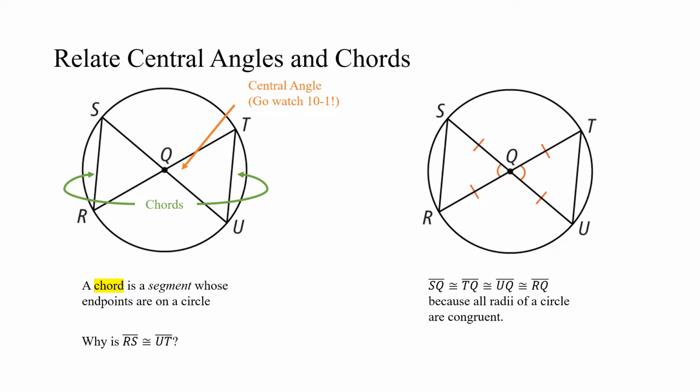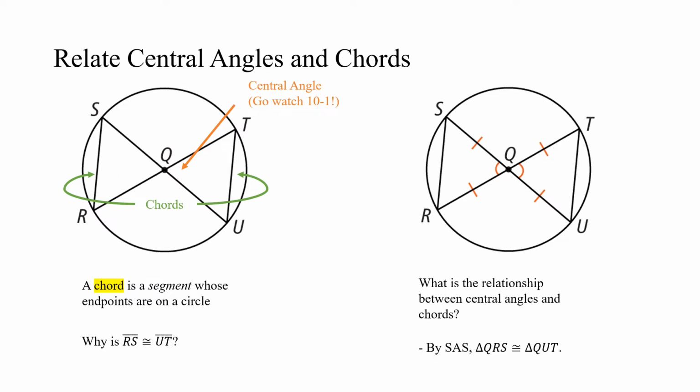Notice that we have two triangles with two sets of congruent sides and one congruent angle. So, by the side-angle-side theorem, the two triangles are congruent. And remember that two triangles being congruent just means that their corresponding parts are also congruent. So we can say that RS is congruent to UT.